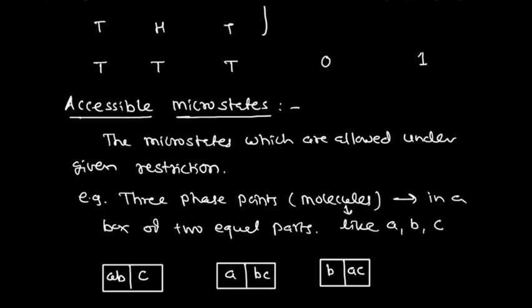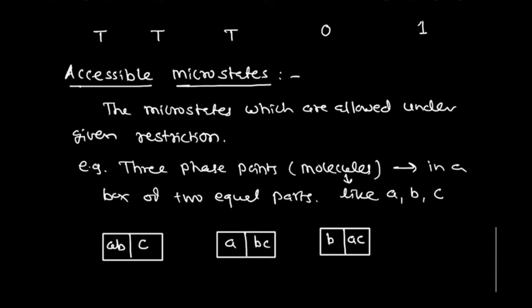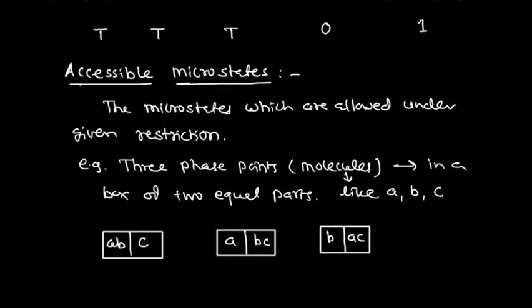Also, this is one of the macrostates, 3 points distributed in two equal parts of a box. That macrostate corresponds to different microstates under the given restriction that no phase point is outside the box.